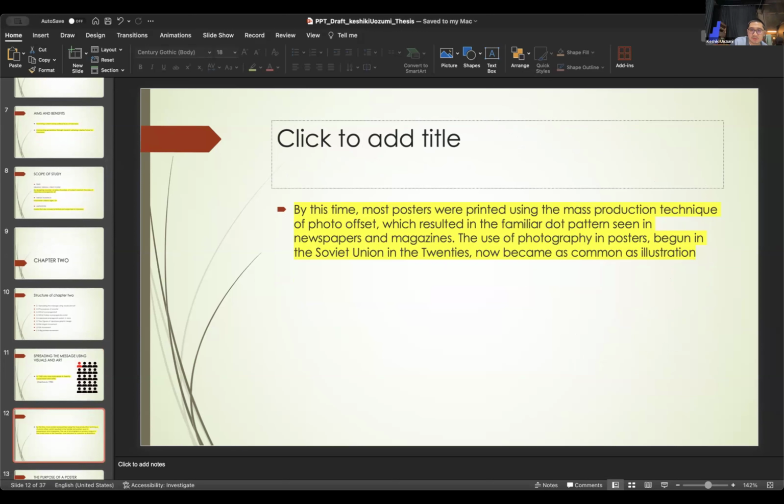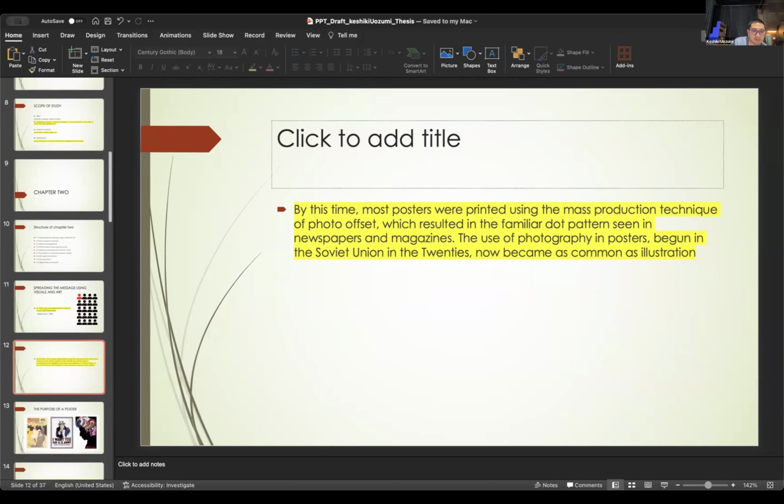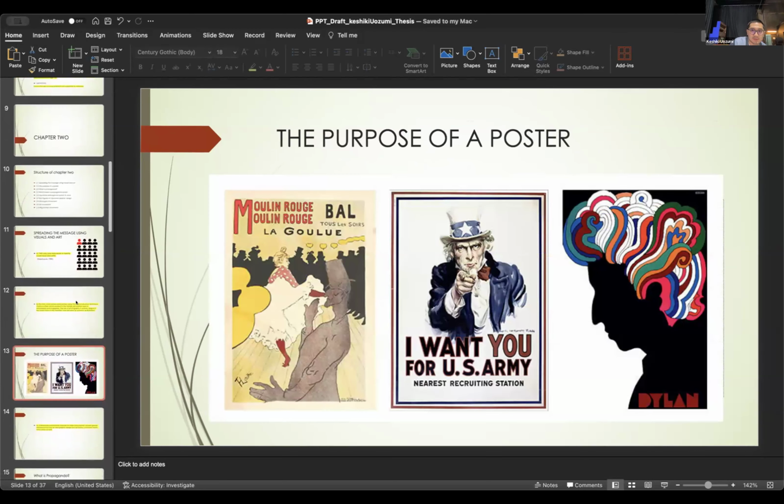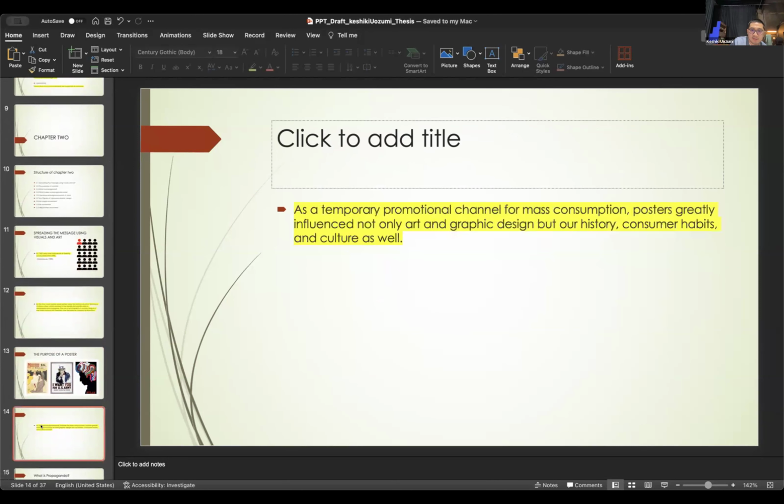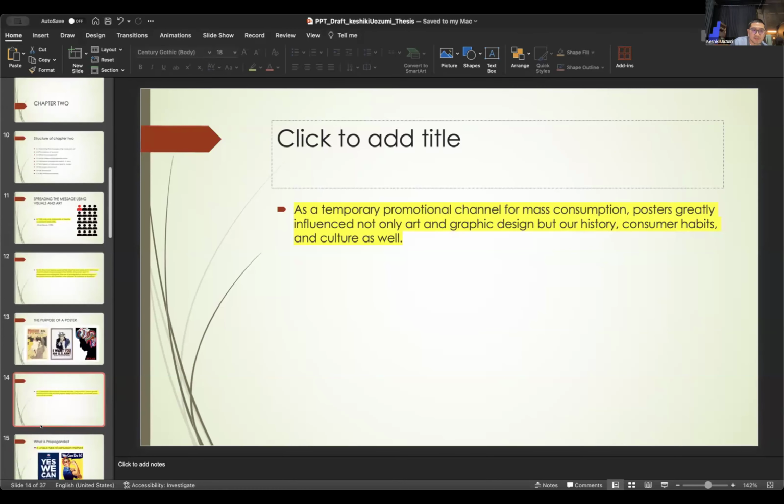By this time, most posters were printed using photo technology, which was already common. The purpose of a poster is to educate and promote a channel for mass consumption. They influence not only art and graphic design, but history, consumer habits, and culture as well.